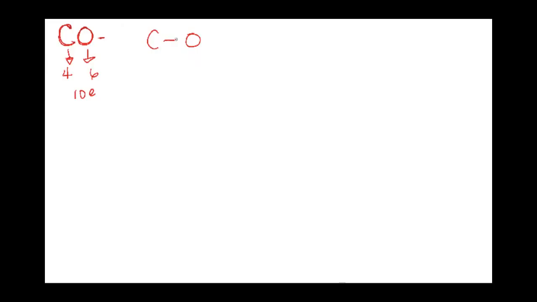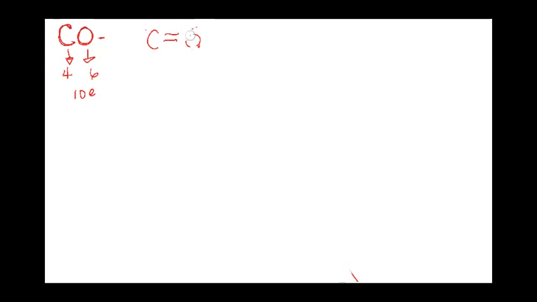So we try a single bond, and that would be 2, 4, 6, 8, 10, 12. That's too many electrons. So we're going to try a double bond. And we notice we have 2 and then 4 to get the octet there.